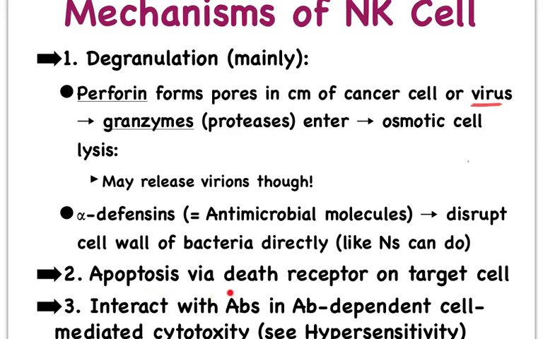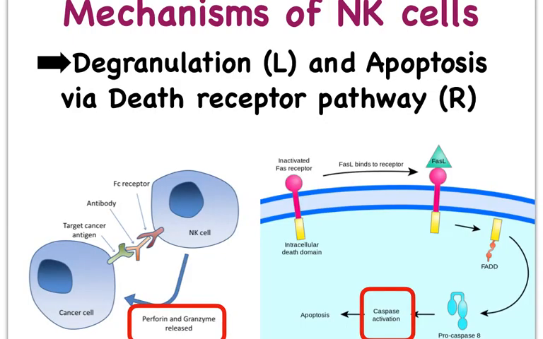You might recall our discussion on apoptosis with the death receptor, so let's refresh our memory on that. So here on the right in the blue, this would represent the inside or the cytoplasm of the host cell for the natural killer cell. Again, either a cancer cell or a virus infected cell.